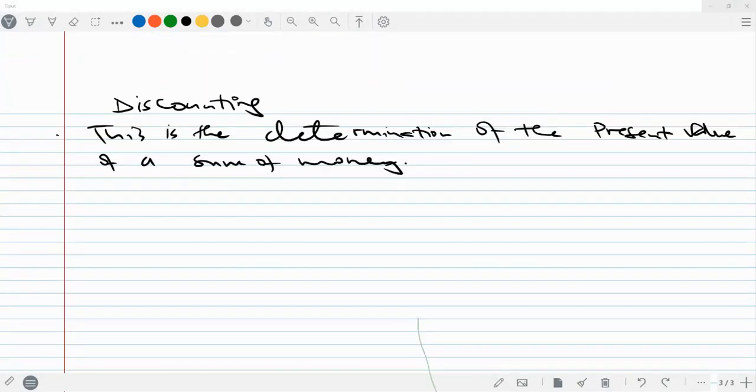The determination of the present value of a sum of money is discounting. Let's begin by doing an example.